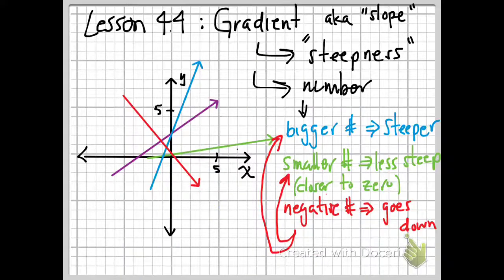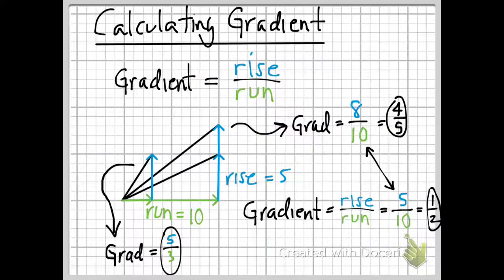To review, gradient is the steepness of a line. A bigger number is a steeper line, and a smaller number is a less steep line, and that means the gradient, the number is closer to 0, right? A line that goes down has a negative gradient, right?